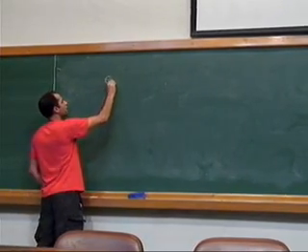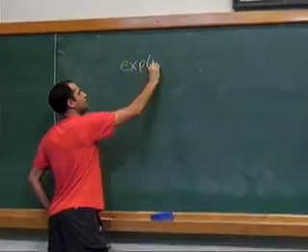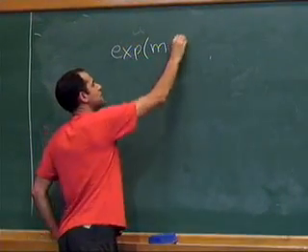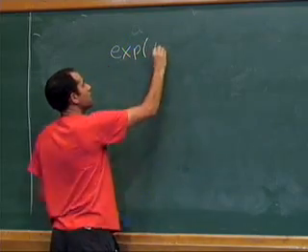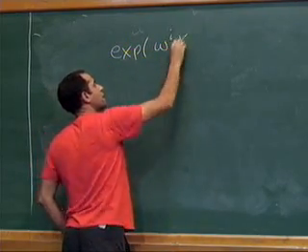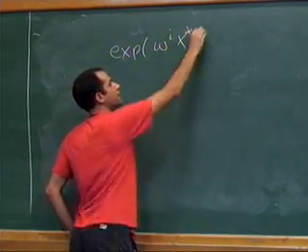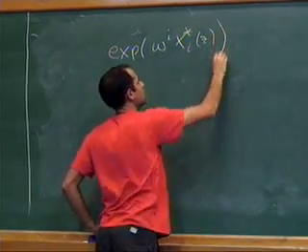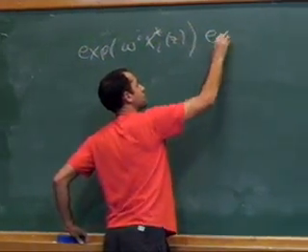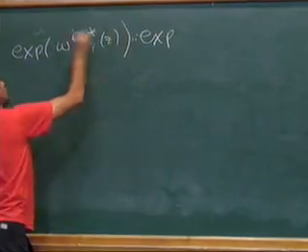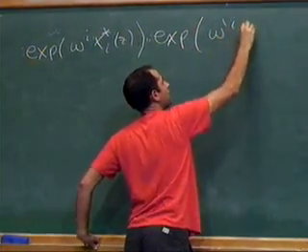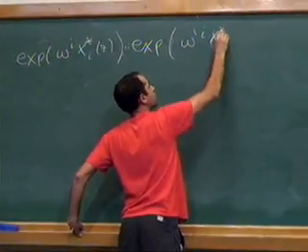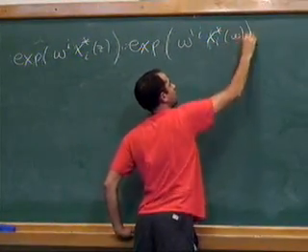So let's say I have the same thing that I did before. I take the exponential of m times x star. Well, now it's 3 functions. I need to pick 3 numbers. Let's say winding I, x star I of z. This is one function. The other function is the exponential of winding prime I, x star I of w.